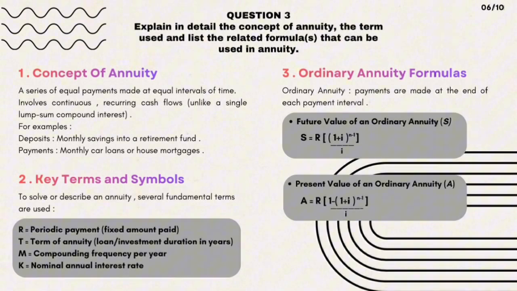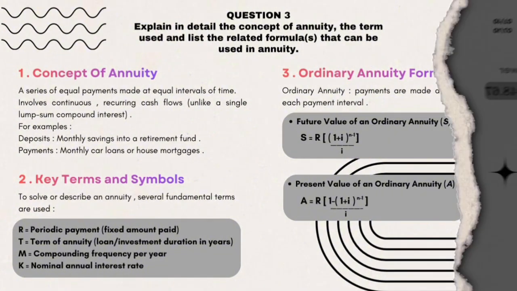We use this formula when we want to calculate the total accumulated wealth of our savings at the end of the investment term. The second one is the present value of an ordinary annuity. This is used to determine the total loan amount borrowed or the value of an asset at the very beginning of the term today.